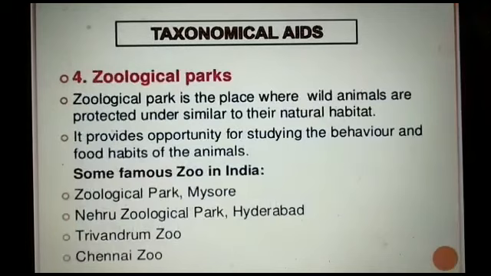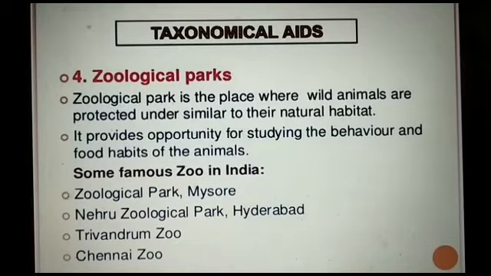The next one is zoological park. The fourth taxonomical aid is zoological park. Zoological park is a place where wild animals are protected under conditions similar to their natural habitat. It provides an opportunity for studying the behavior and food habits of the animals.